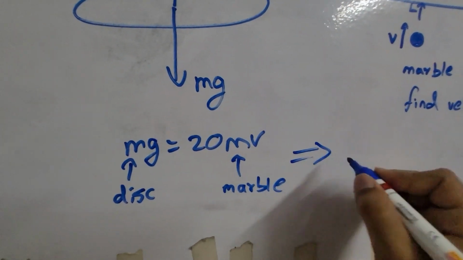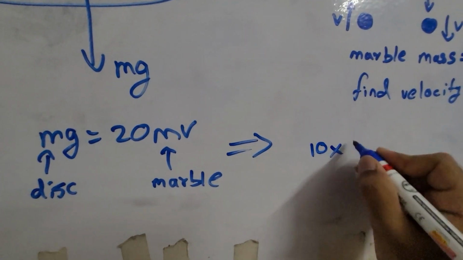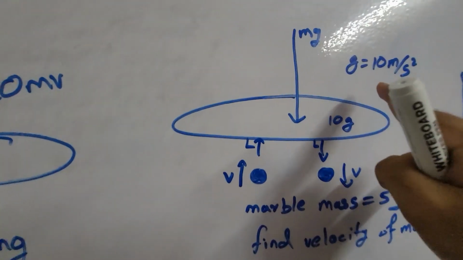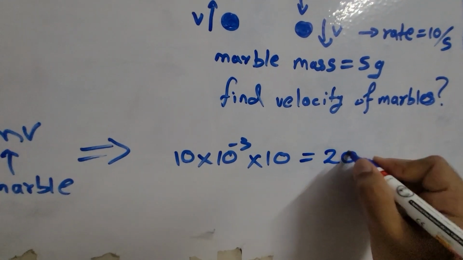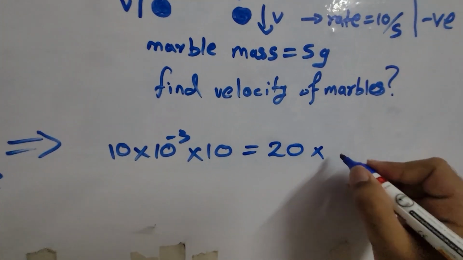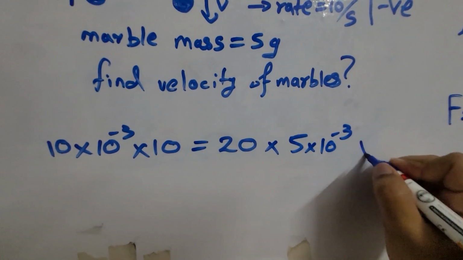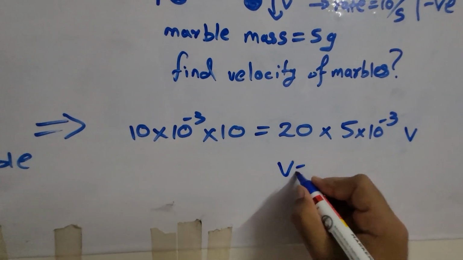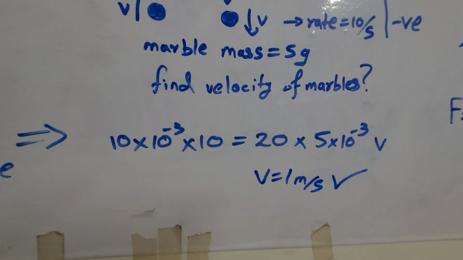We get mass of the disc, which is 10 grams, times g, which is 10 as mentioned in the question, is equal to 20 times mass of the marble, which is 5 grams, times velocity of each marble. Now on solving this equation, we get velocity as 1 meter per second, which is the correct answer of this question.